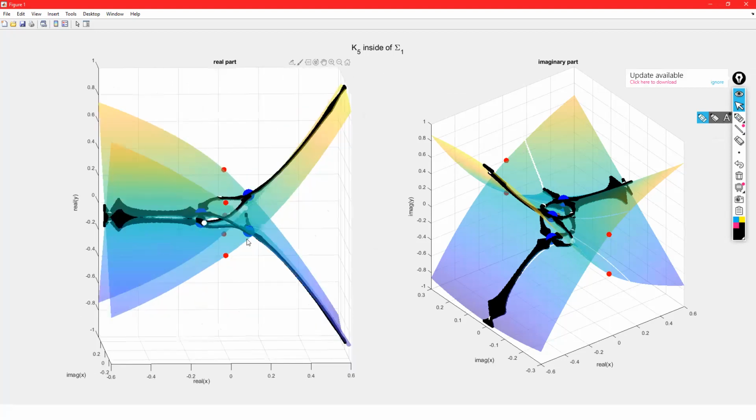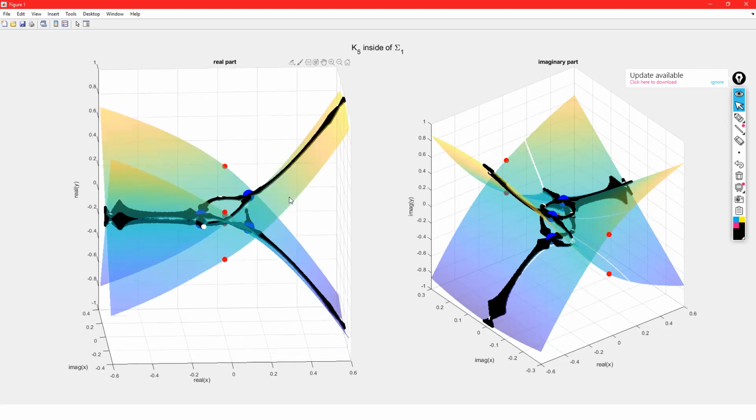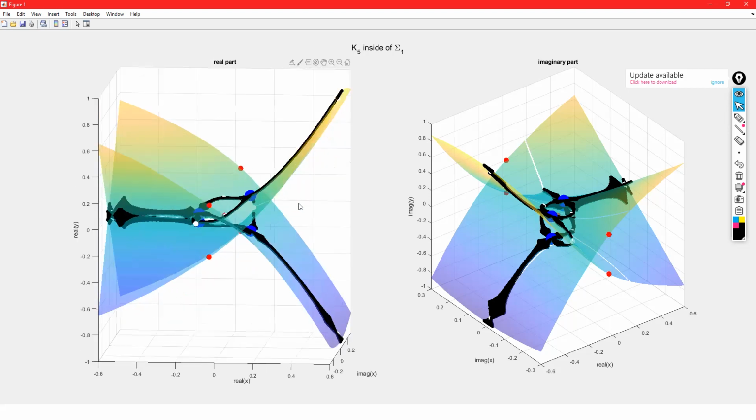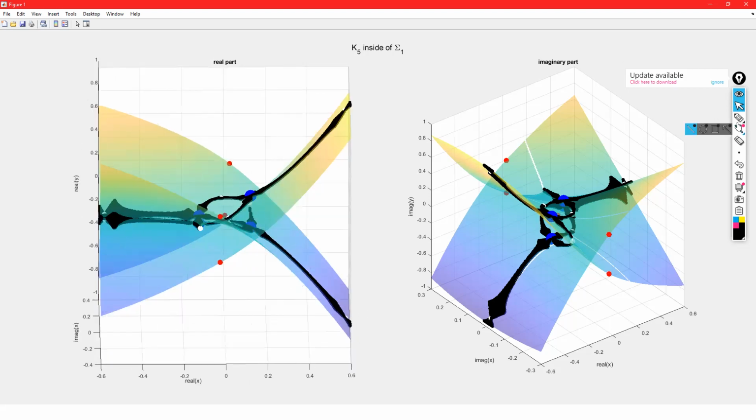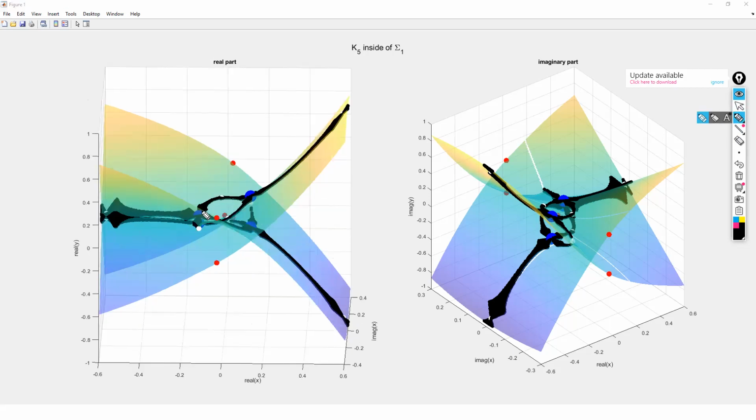You see there are 4 blue points here, and then there's 1 more blue point at infinity. So there are 5 blue points in total. And between any 2 blue points, you have a black edge. So for example, I have one blue point over here, another here, another here, another here, and then 1 more at infinity.